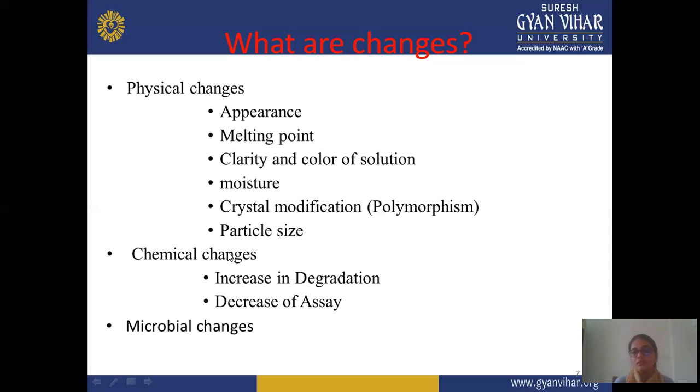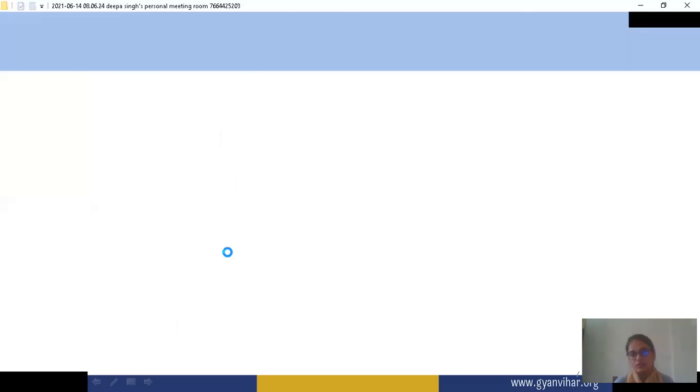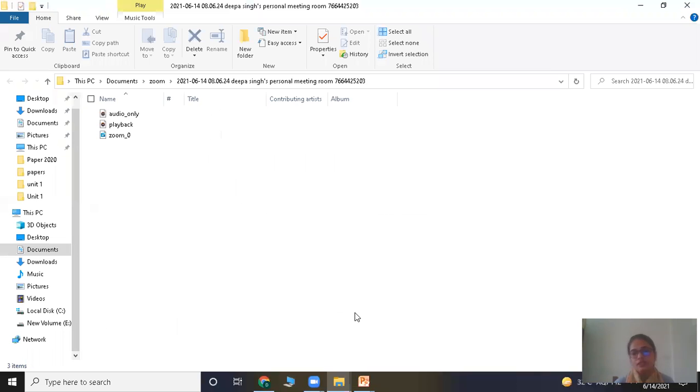Next is color and clarity of the solution. This test is not for all types of formulation, but certain liquid formulations or semi-solid formulations require it. Suppose you are preparing a gel, and the gel is a transparent clear solution.